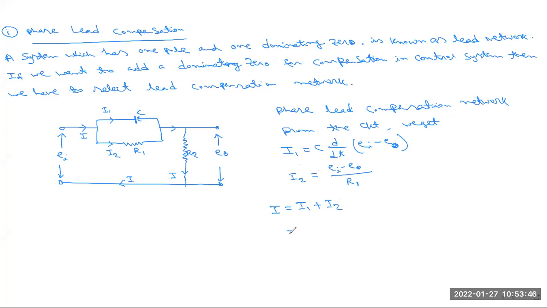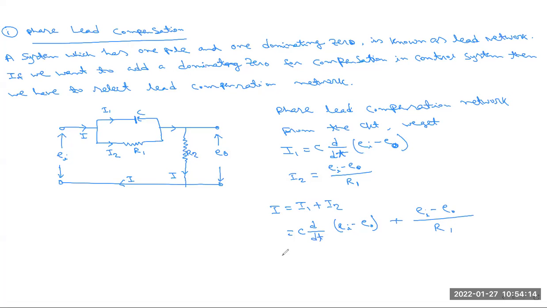So this equation we have written: C into d/dt of the difference between the input and output of the system, plus I2, EI minus E output divided by R1.